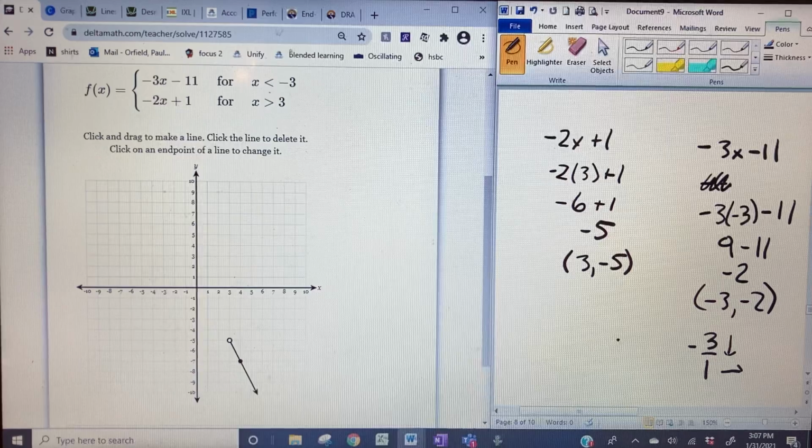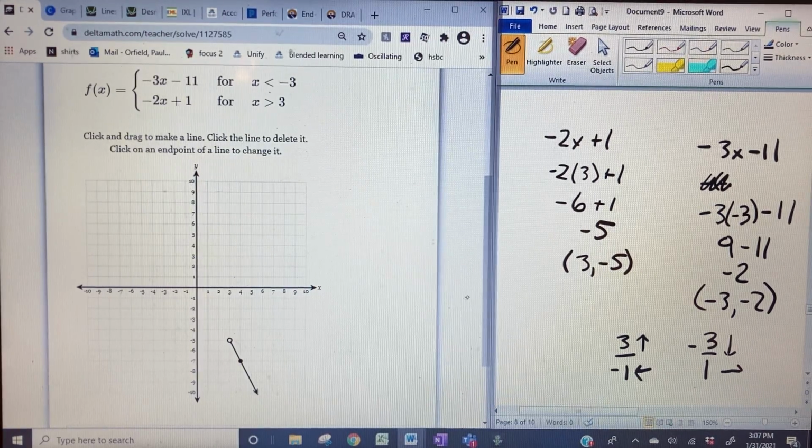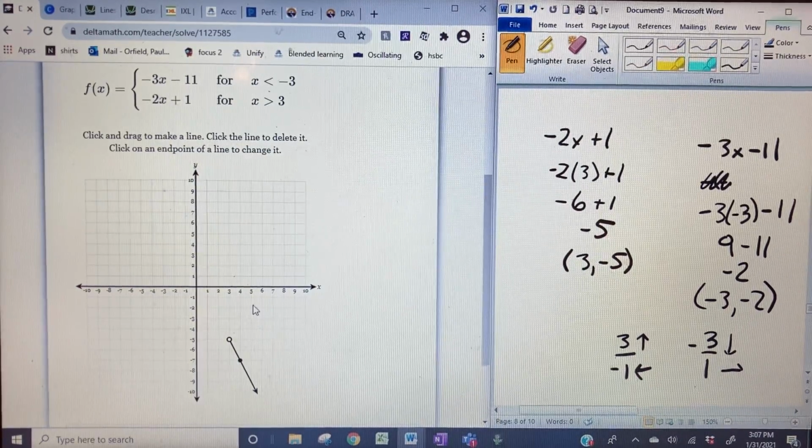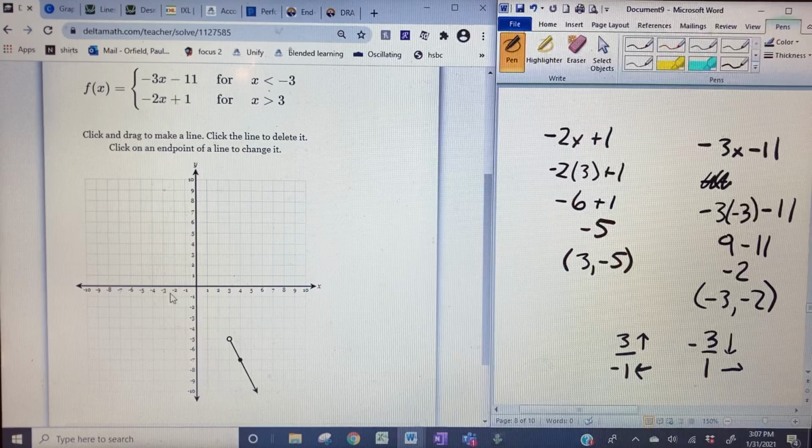So I actually will be graphing 3, negative 1, which means I'm going to be going up and left. So I'm going to start at negative 3, negative 2.